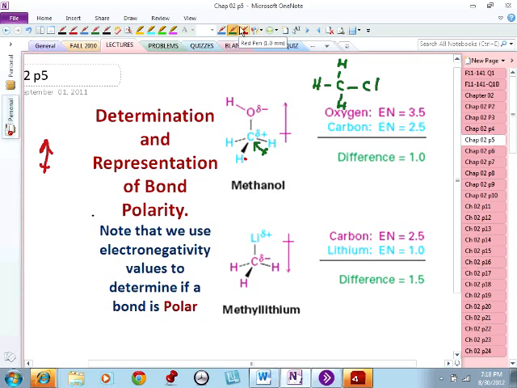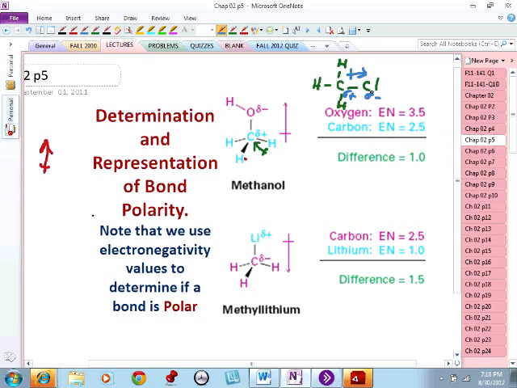Towards the chlorine. So we represent that by drawing the cross arrow, the arrow meaning that the electrons are being pulled towards the chlorine atom, and then we say the carbon has a partial positive charge and the chlorine has a partial negative charge.